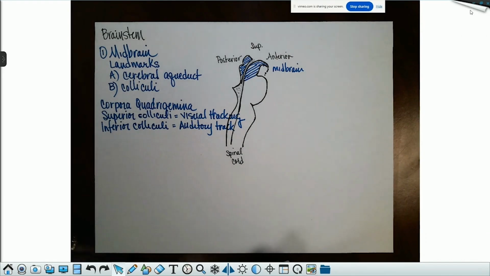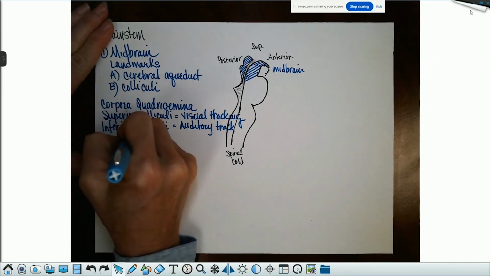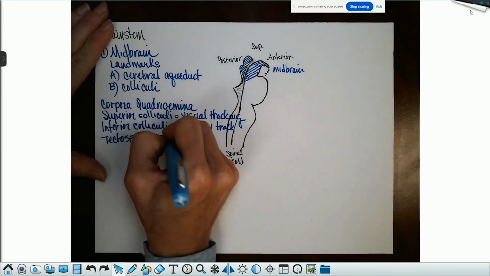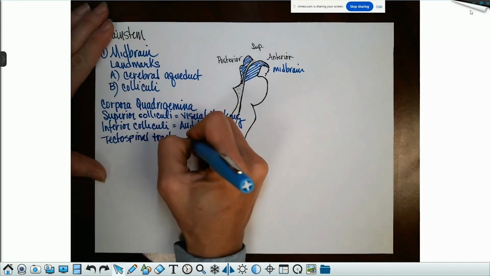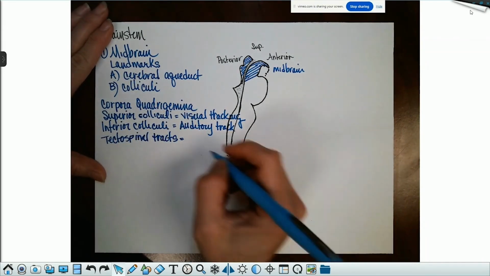There are places connected with this that are in the spinal tract, in the spinal cord. Some of these are called the tectospinal tract. This is a spinal tract that is reflexive.